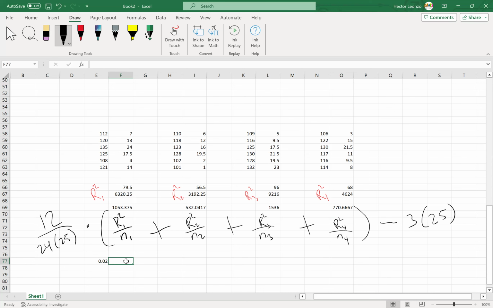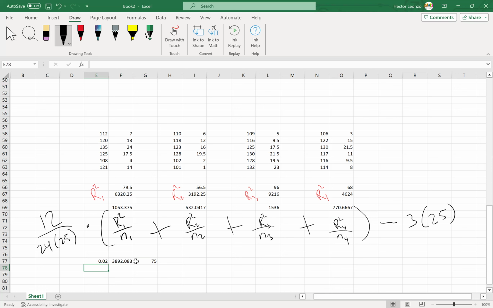My second number, I have to do this plus this plus this plus this. Basically, that's what I have in parentheses. And then at the very end, I'm gonna do equals 3 times 25. Okay. Now I'm gonna be able to do my critical value.